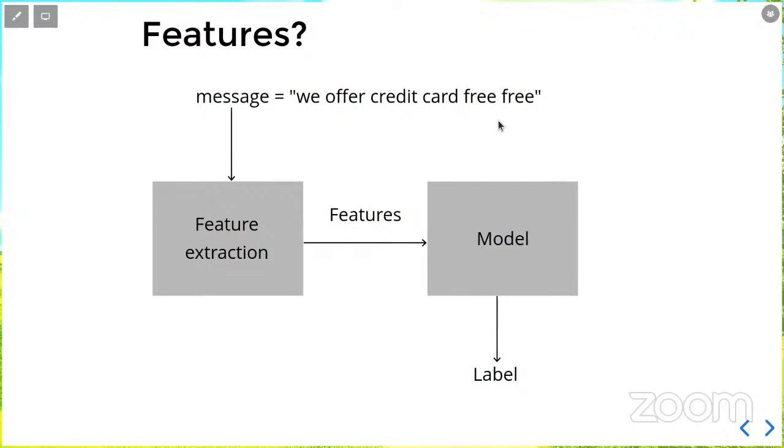But before we go there, we need a way to convert our text into features, because everything we have done so far has been with the m cross n feature matrix. But what we have is just text words. So we need a way to convert raw data to features, and this process is called feature extraction. In the case of text data, it can be done in many ways.